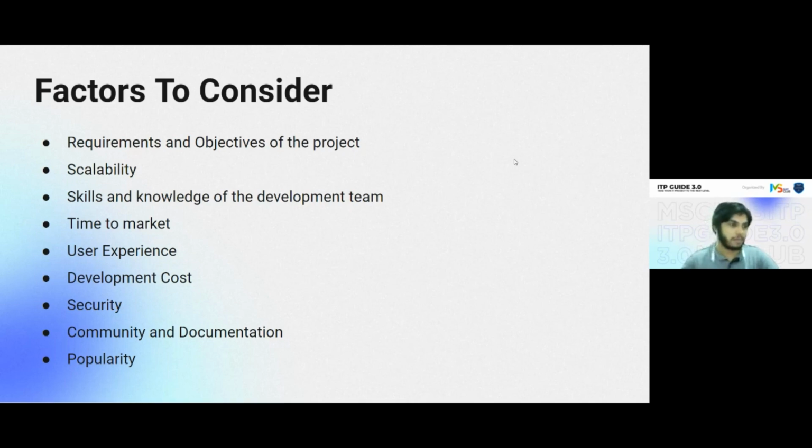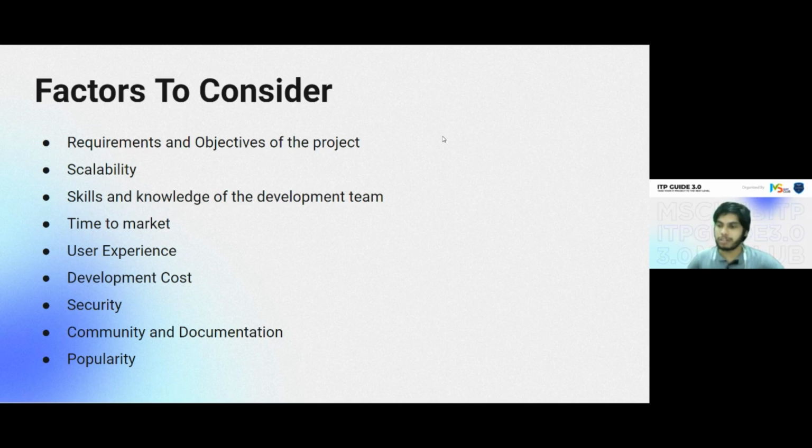The next item, as I mentioned earlier, is time to market, which basically means the time it would take for you to build and deliver a complete web application, in your case the ITP project. This is quite important as well. Since you have less than 5 months, time is of great concern for you guys.